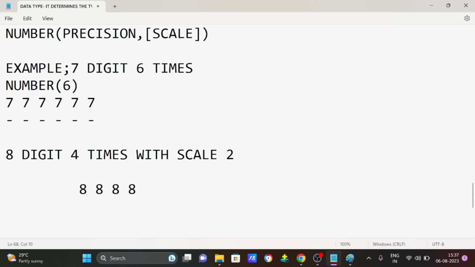And the scale is 2. What does this mean? So I need to put the decimal point after 2 digits from right to left. Yes, this is what the output has to be.